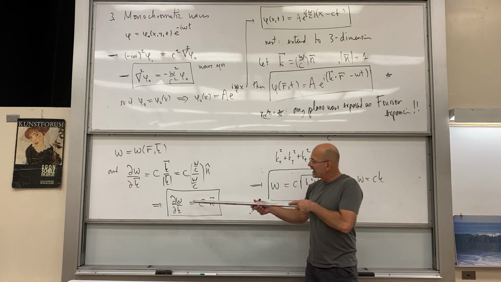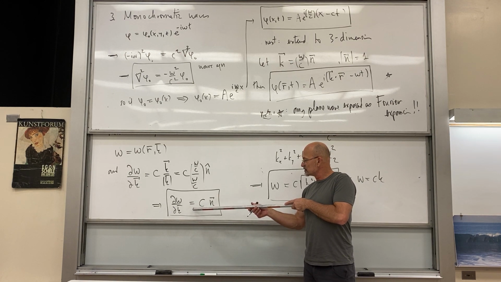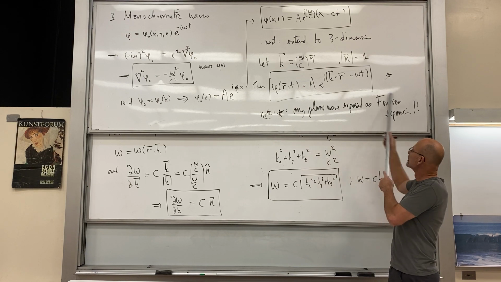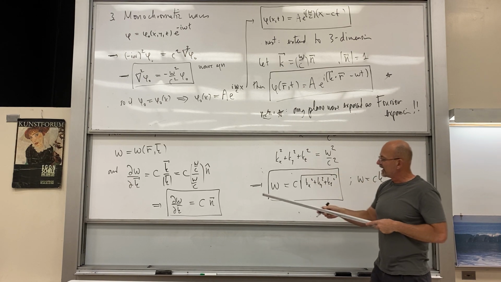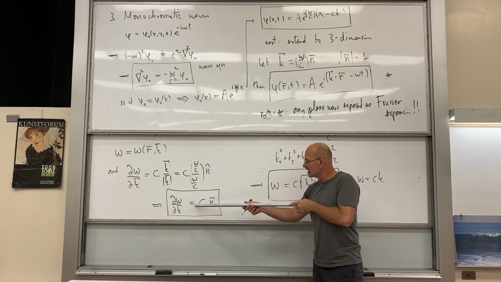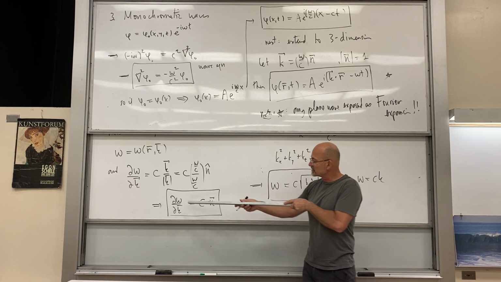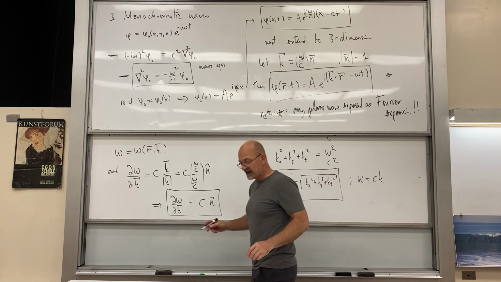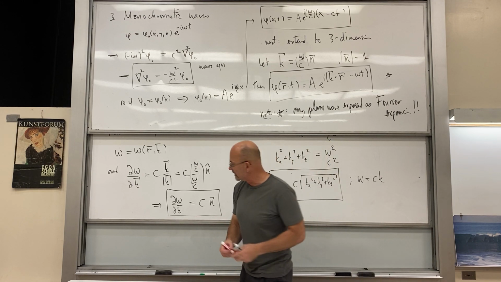And this is in fact true for these general expressions here as well, and this is referred to as the group velocity. So this is actually the definition of the group velocity. I'll put that as an interesting aside here.